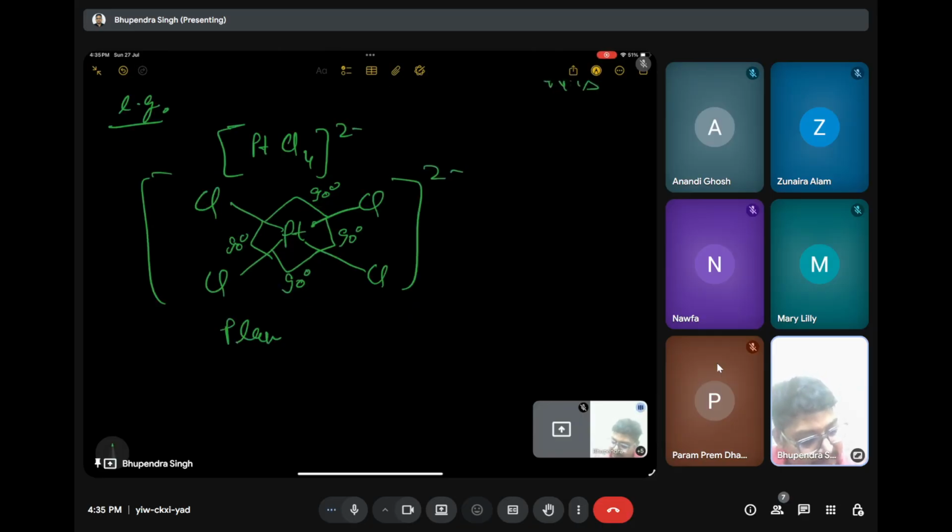I can tell you one thing. If your molecule is planar, it means that you will have a higher order of symmetry compared with a non-planar molecule. This is the planar molecule.